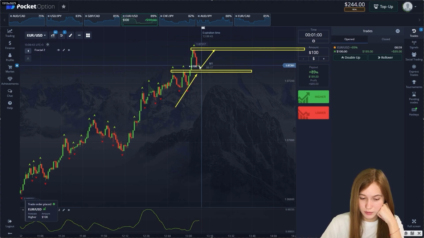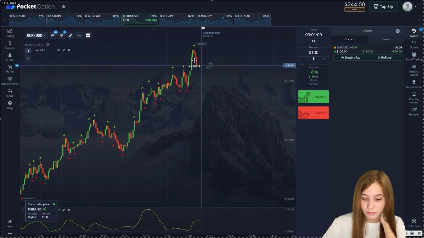At this point, I think it will be reversal in the opposite direction by fractal. It was formed relatively long ago. It's not worth looking at it in this case after this drawdown happens.